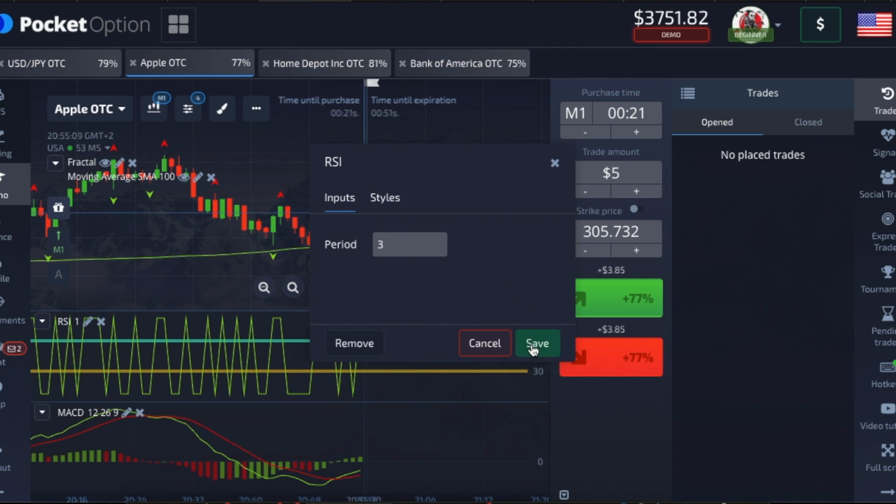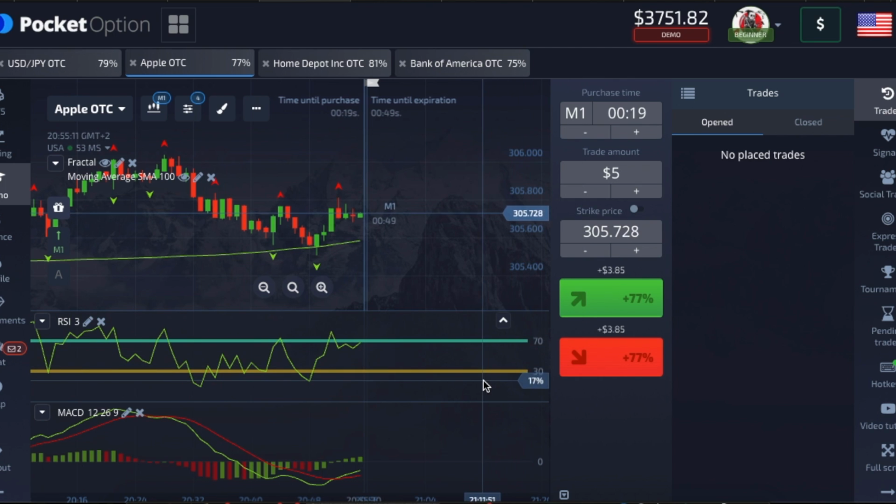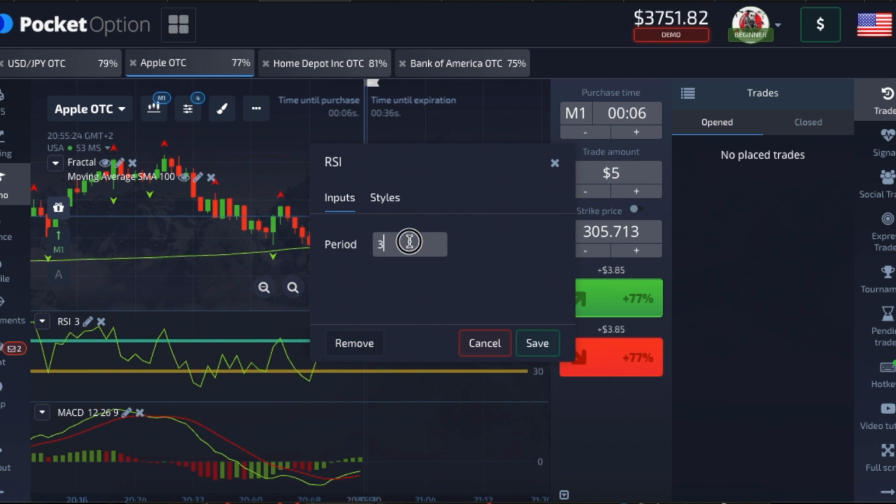Now 5, at least for me, is kind of like a sweet spot because it's literally right in the middle of everything that's taking place. So if it's going up, it's gonna go up. If it's going down, it's gonna go down, right?